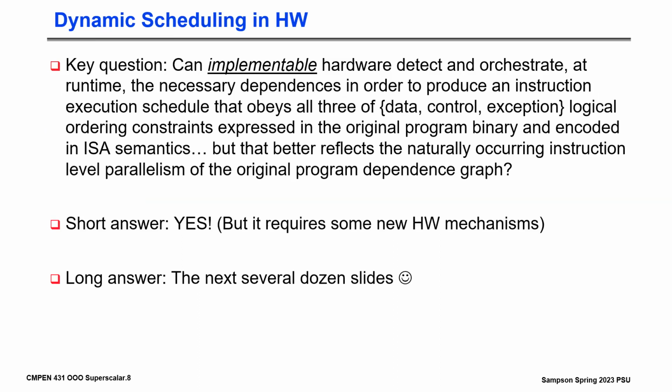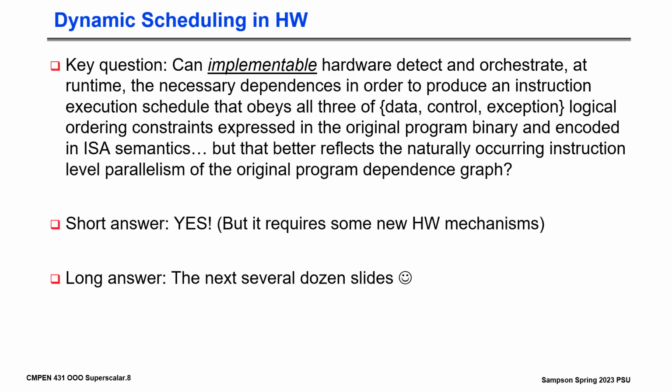So given all these constraints, it's a bit of a foregone conclusion given that we're going to spend a couple of weeks talking about it. Can implementable hardware do all the things that dynamic scheduling needs to do and actually get some of the gains that we have shown are out there? Can we actually preserve that external contract while wandering around through execution to find parallelism that is latent in the original program graph that we are discovering dynamically at runtime?